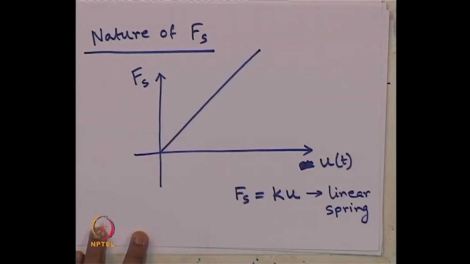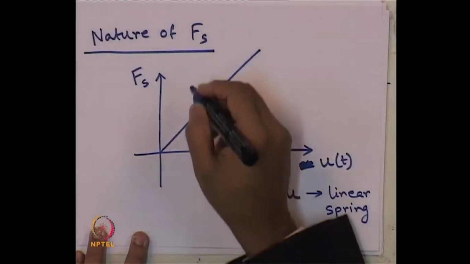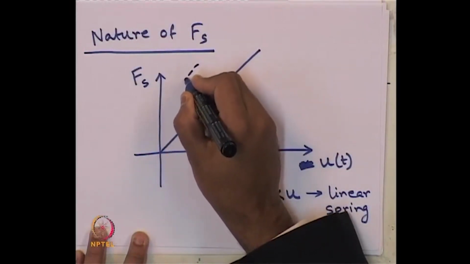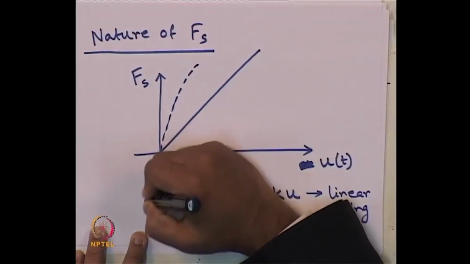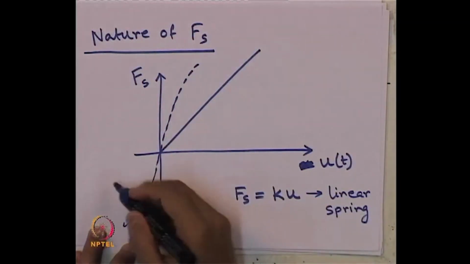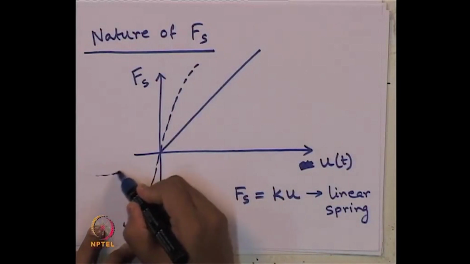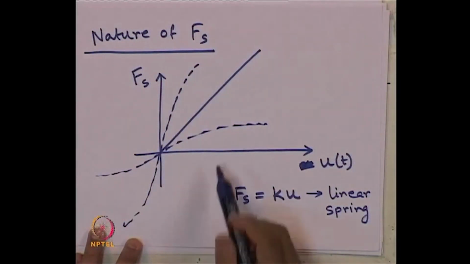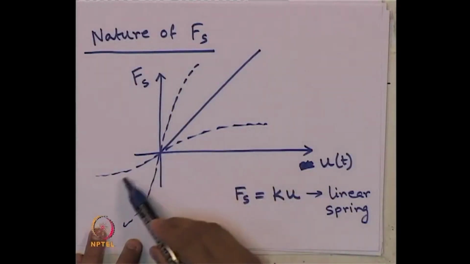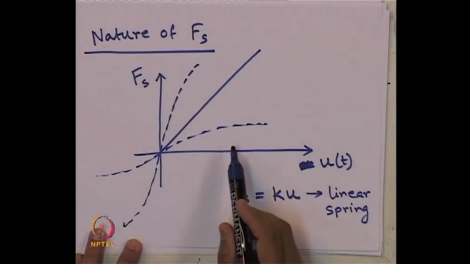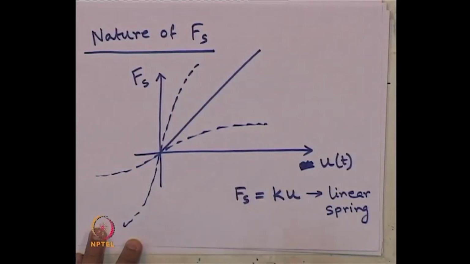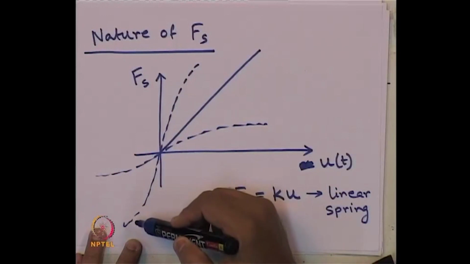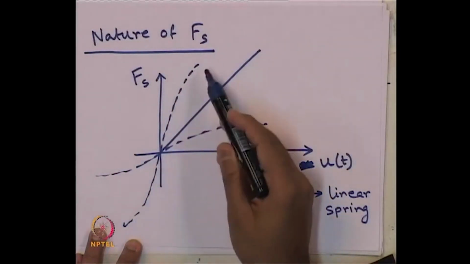We know this, but there are several examples where it need not be like this. It can behave something like this, it may behave something like this. So, this is like the strain softening effect, mostly for cable we consider. This is the hardening effect, mostly we consider for beams, rigid beam.